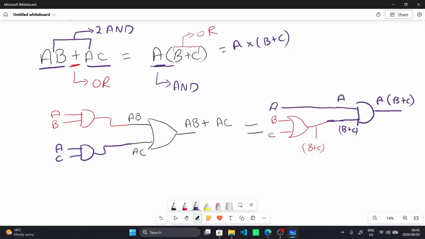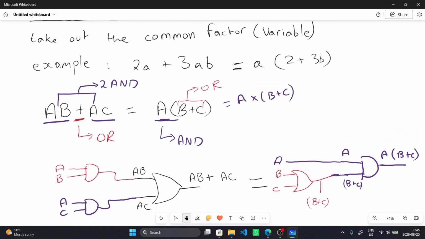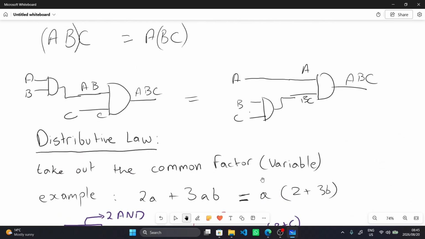So this was your distributive law, the three basic laws to remember.